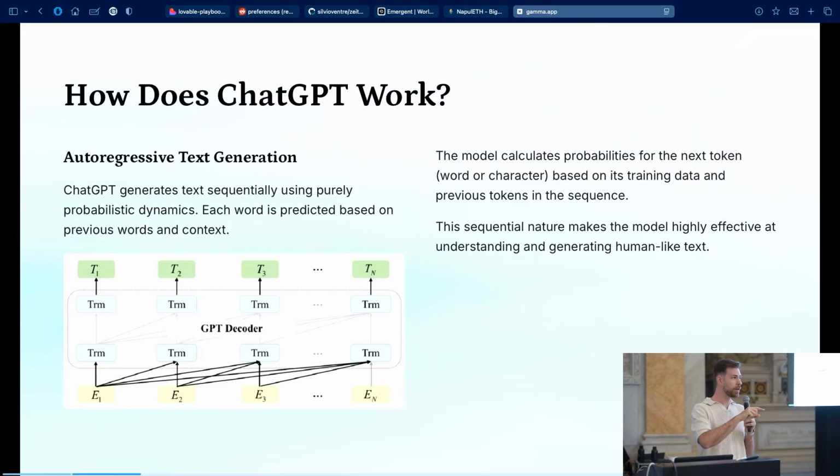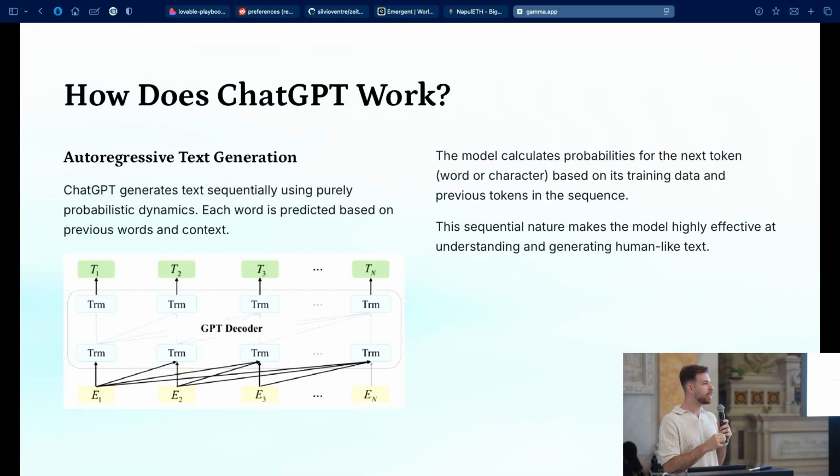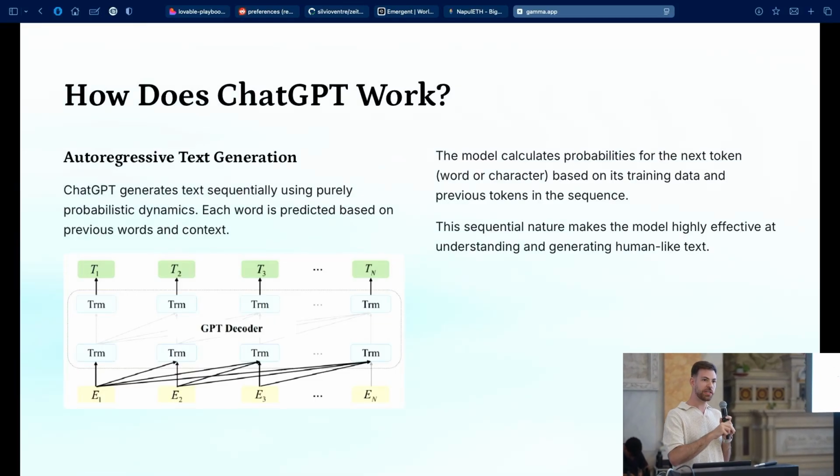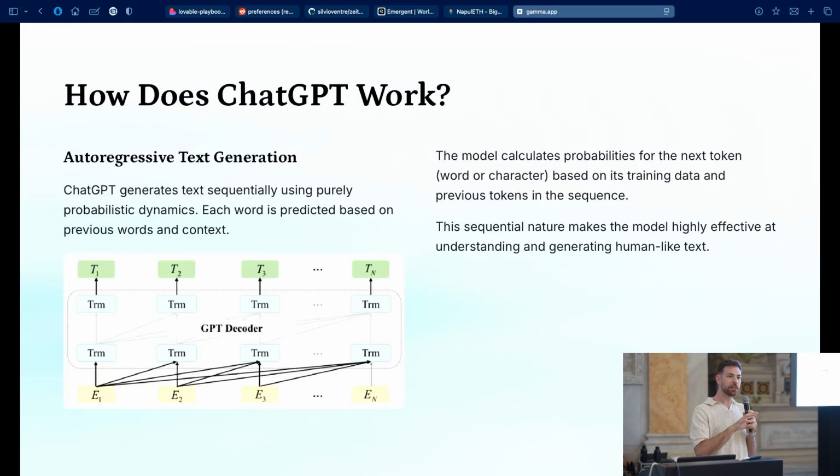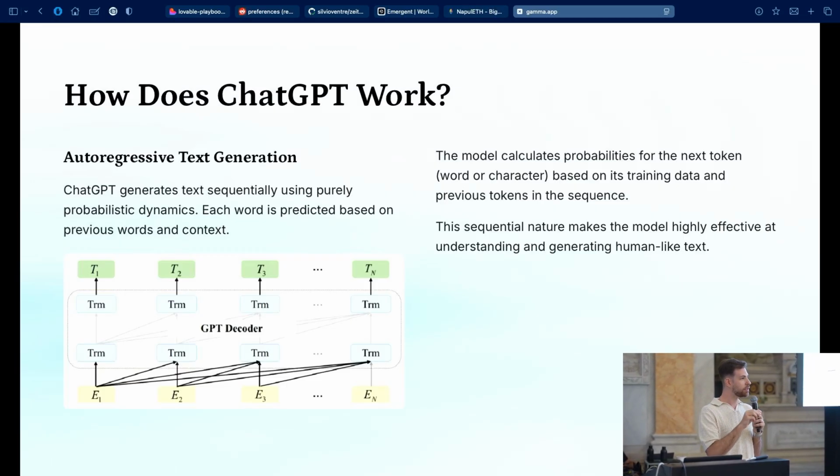This is a continuous loop until the sentence is complete. The model calculates the probability of every single word, one after another. So the model itself doesn't know anything about what it is writing. That's one of the most important things to know about LLMs.